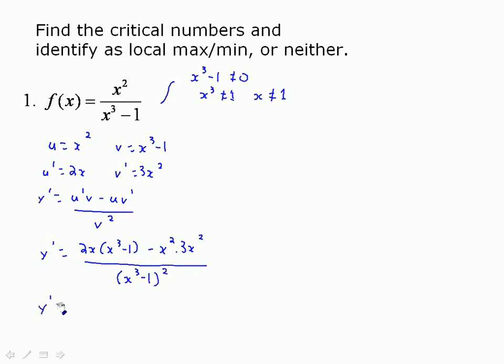Then y prime is equal to, we clean up that numerator and we'll get 2x to the 4 minus 2x minus 3x to the 4. And then this all over top of x cubed minus 1 squared.